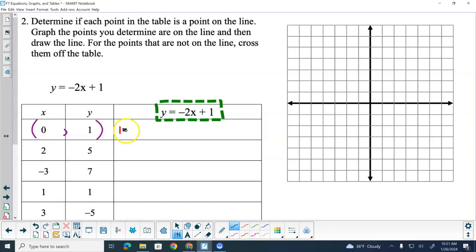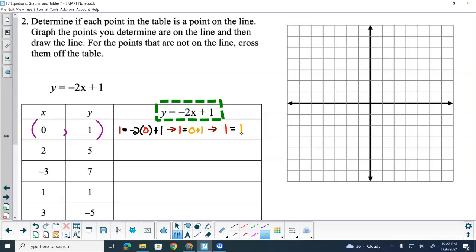So that's going to be 1 equals negative 2 times 0 plus 1. Then I'm going to say, well, that's going to be 1 equals negative 2 times 0 is 0 plus 1. Well, that's going to be 1 equals 1. On the line, yes or no? Yeah, that one's on there.